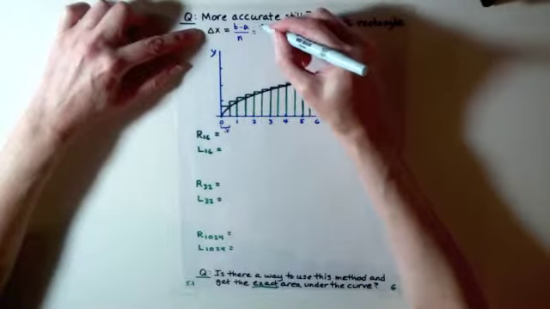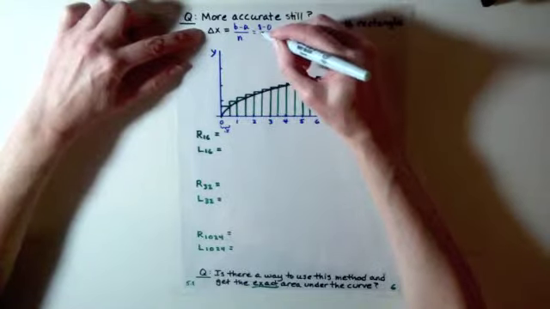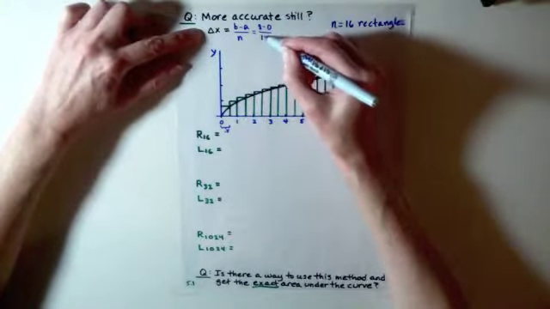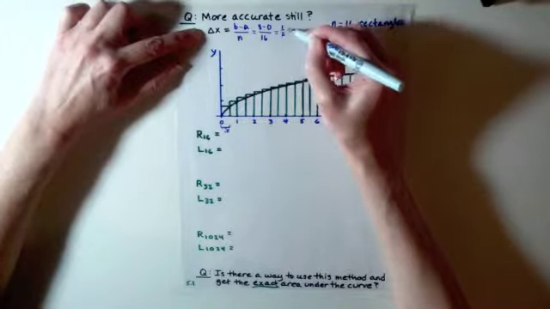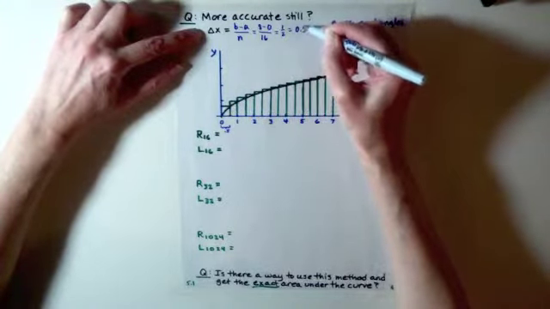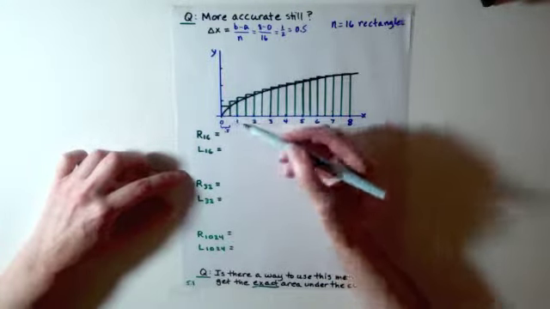So we said b is equal to 8 and a is equal to 0, and now we're breaking it into 16 rectangles, so you can see that reduces to 1/2 or 0.5. So now each strip is only a half a unit long.